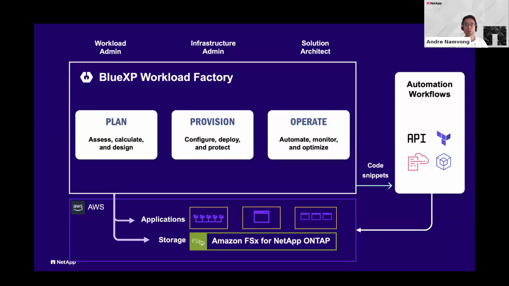In terms of provisioning, when you're making use of the user interface, and you will see that in a minute, you'll be able to follow wizards, which are very well detailed in terms of parameters to be entered, so that you can deploy your file system including all of the best practices. And lastly, you can think of Workload Factory to not only automate but also monitor and optimize your deployments.